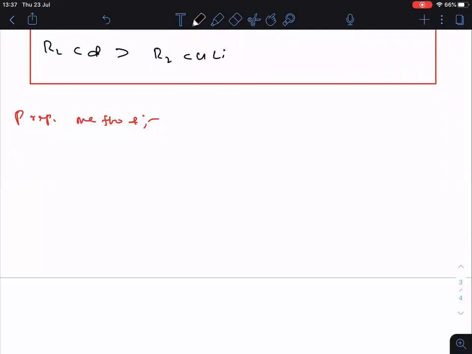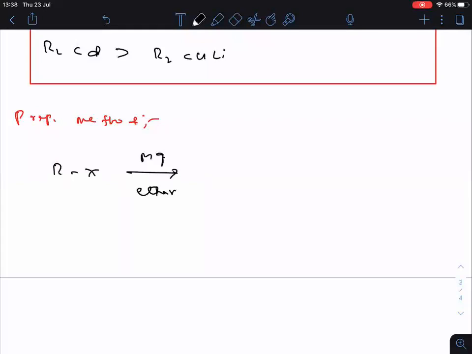So, how to prepare the Grignard reagent? For that, first of all, we have to take RX, that means alkyl halide. Clear, everyone? Now here we have to take magnesium, and the solvent should be ether. Why only ether? That also we will discuss.